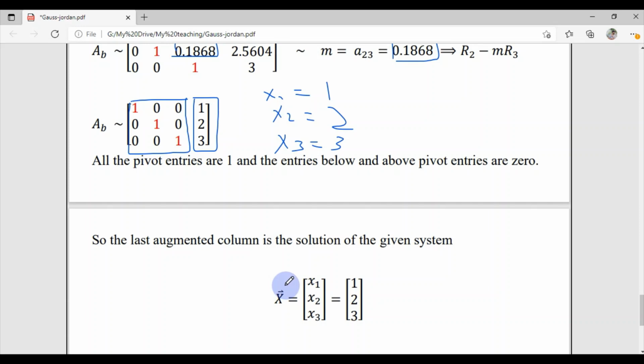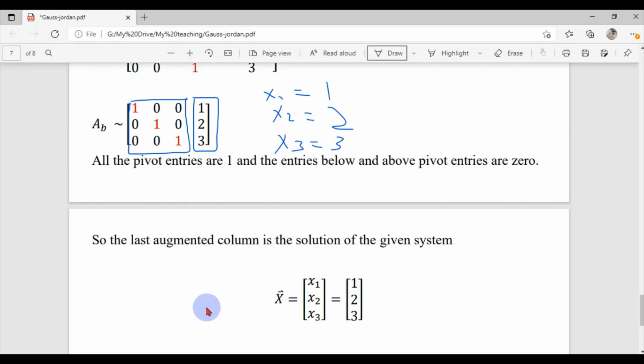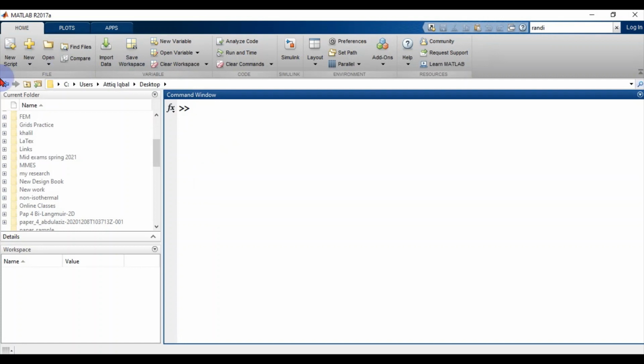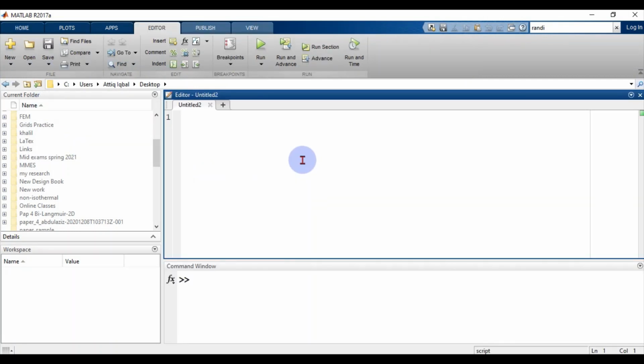Now our task is to develop the MATLAB code of the Gauss-Jordan method. So let me open MATLAB for this purpose, and this is the main window of MATLAB, and I am going to make a new script file in which I will write the code of the Gauss-Jordan method.